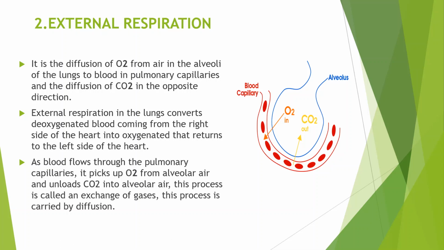As the blood flows through the pulmonary capillaries, it picks up oxygen from the alveolar air and unloads CO2 into the alveolar air. This process is called the exchange of gases, which is carried out by the process of diffusion.